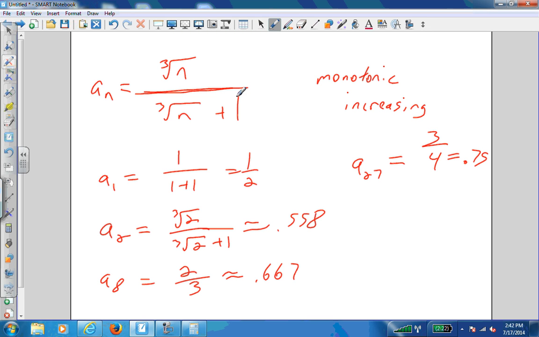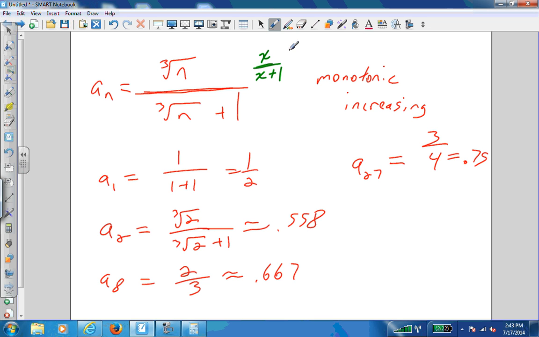And if you think about it, this is going to be bounded by 1. If we had that, it would be equal to 1. But the denominator is always 1 more than the numerator, so the fraction has to be less than 1.